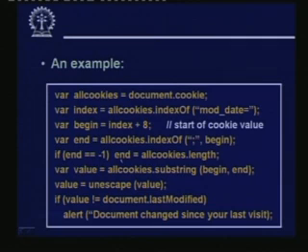Then you assign the length of the cookie string to end, that means the last index, and the value of the cookie is returned by using the function substring from begin to end. This entire substring will be the value, and you can use unescape to convert all those special character escape sequences to their original white spaces and punctuation symbols. You get the original value of the cookie.